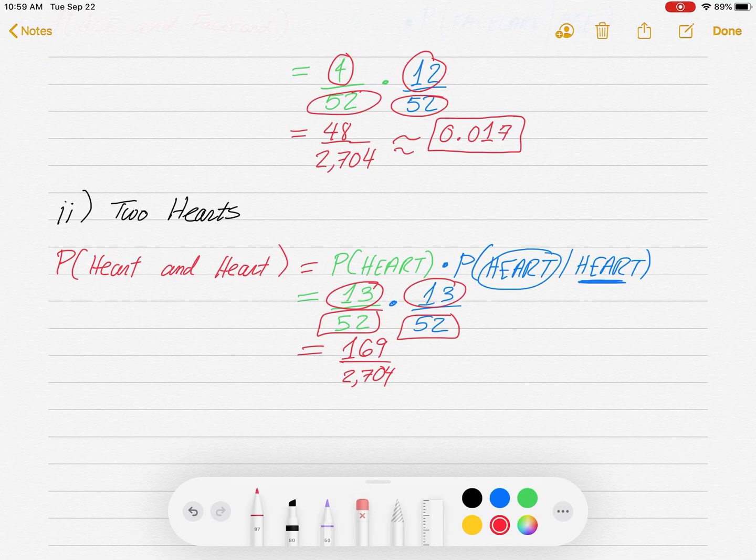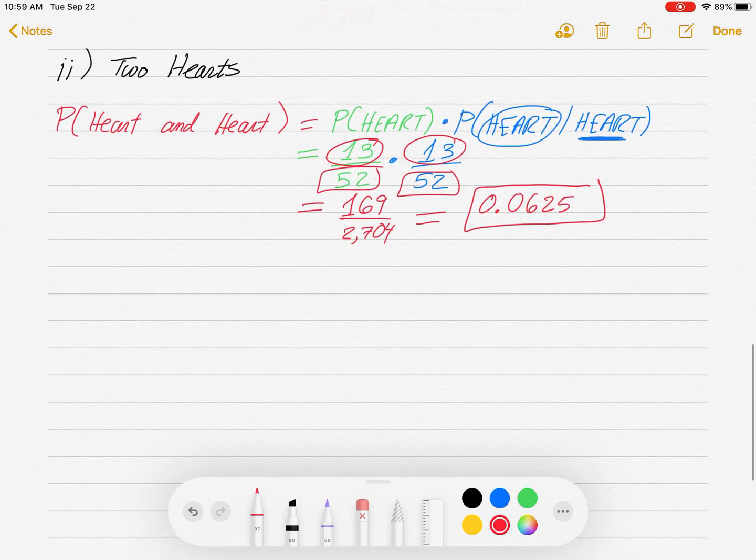That's not an approximation, that's exact. It's equal to 0.0625. I'm going to 4 decimal places simply because it comes out exactly. It doesn't come out to a repeated decimal. So roughly a 6% chance.